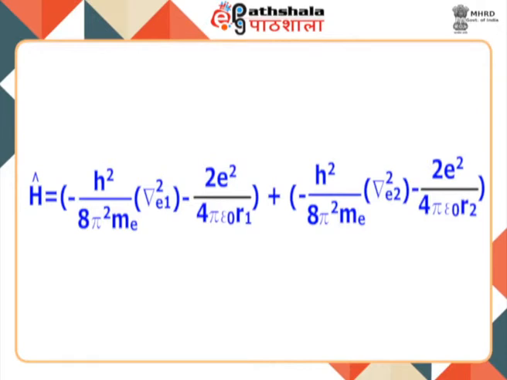The third and fourth terms, minus h square upon 8 pi square me, del square electron 2 minus 2e square upon 4 pi epsilon 0 r2, represent the case of electron 2 attached to the nucleus. So this is how we can rearrange this Hamiltonian.